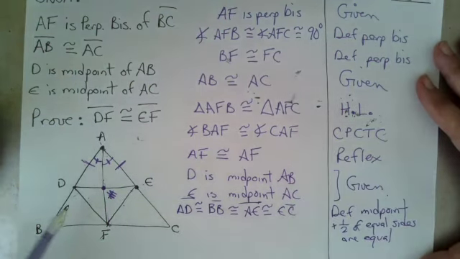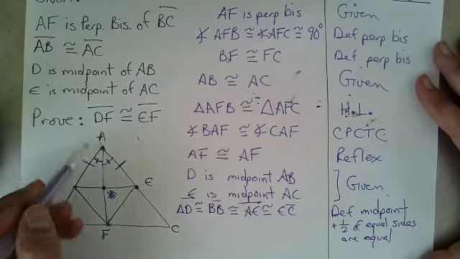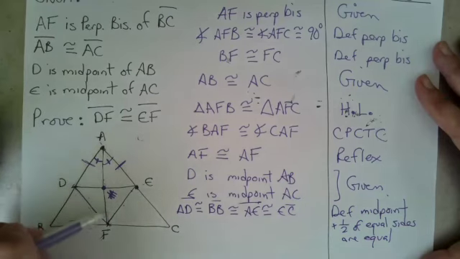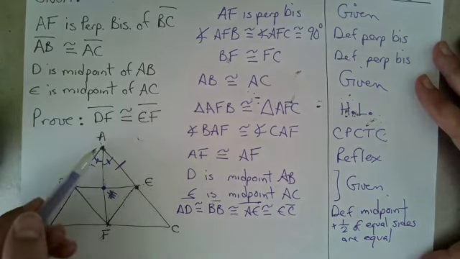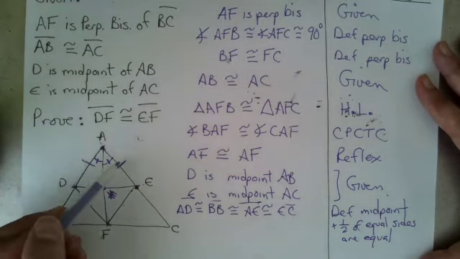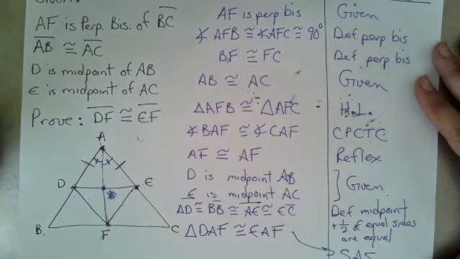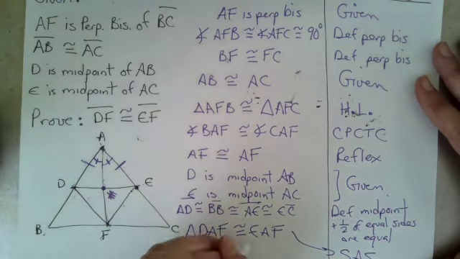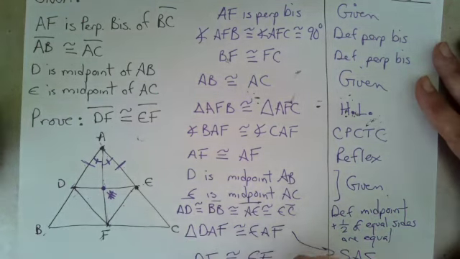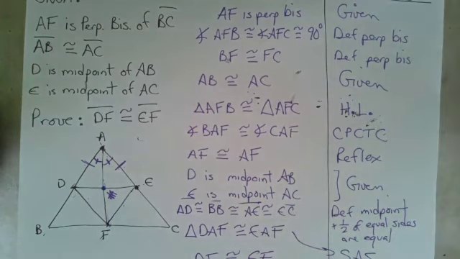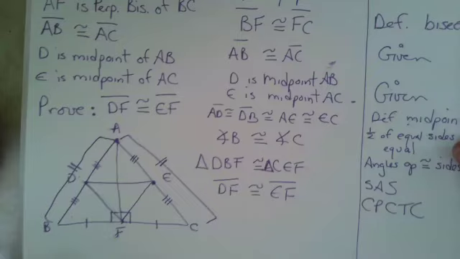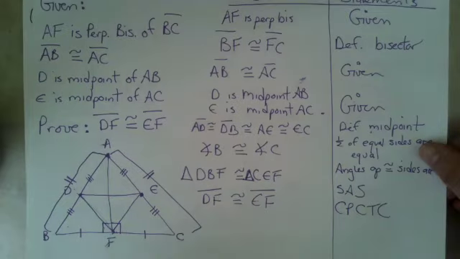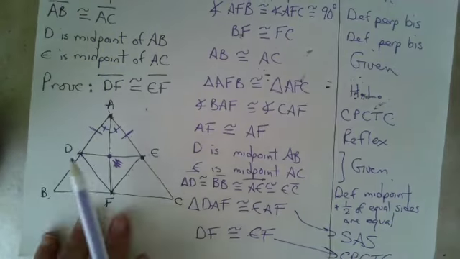And so now finally I can say that triangle DAF is congruent to triangle EAF because of side, angle, side, and that side DF is congruent to side EF because of CPCTC.